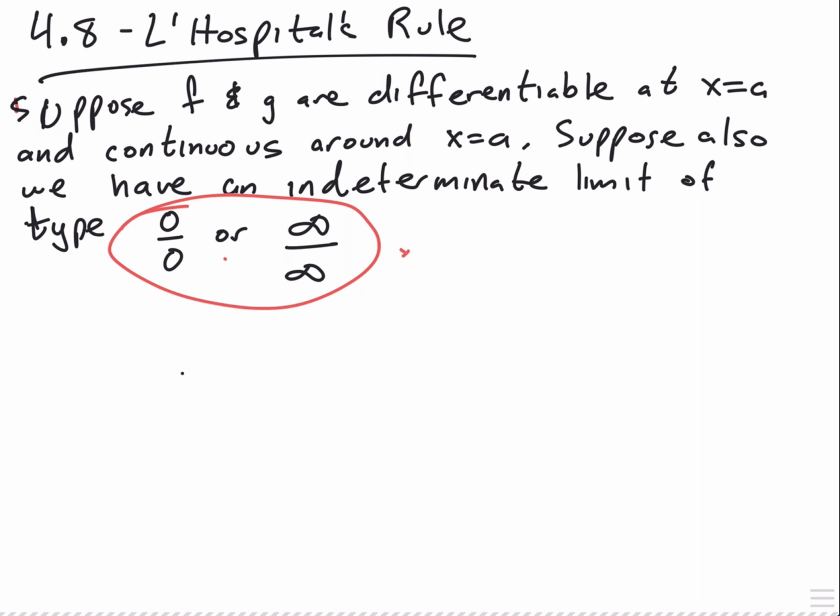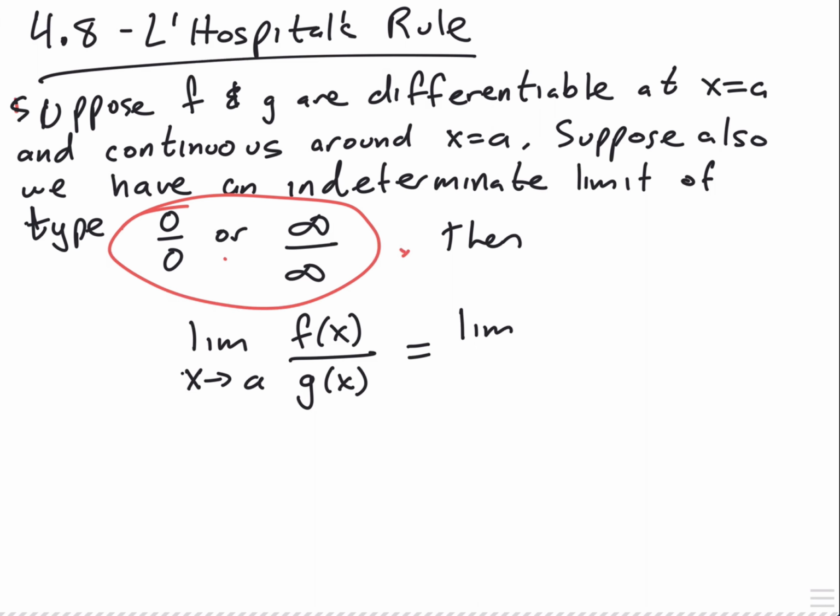Okay. So if that's the case, then the limit as x approaches a of f of x over g of x is equal to the limit as x approaches a of f prime of x over g prime of x.